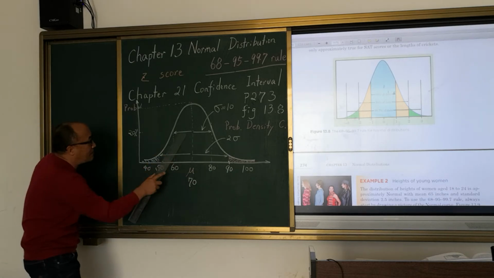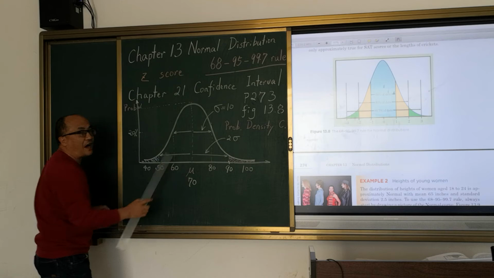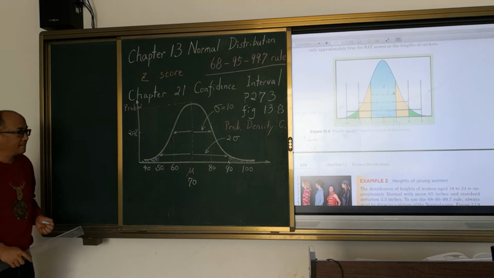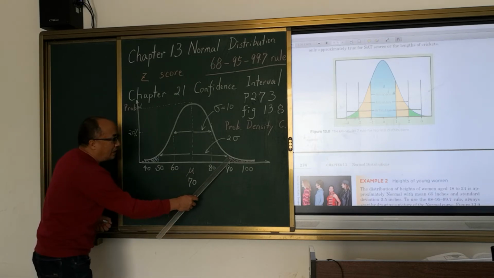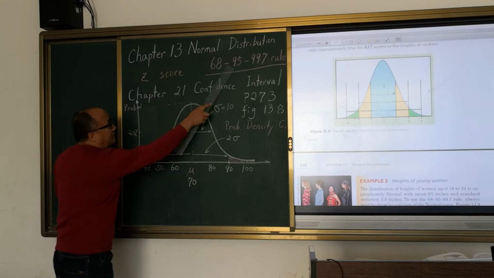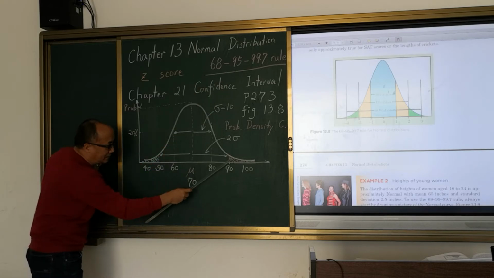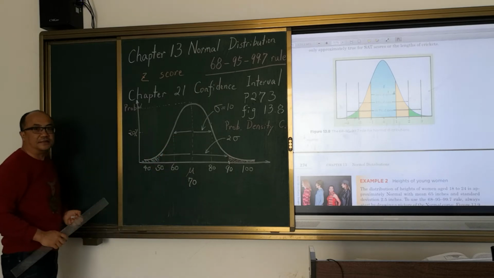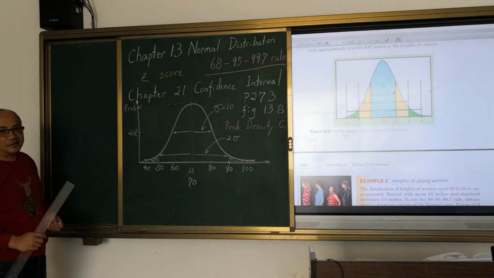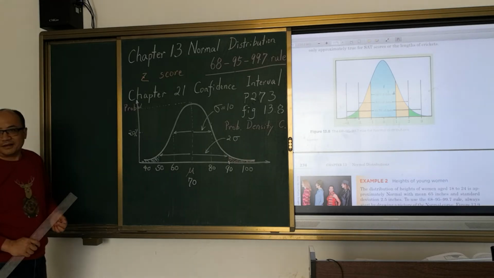The blank one is 95%, and the leftover is 5%.